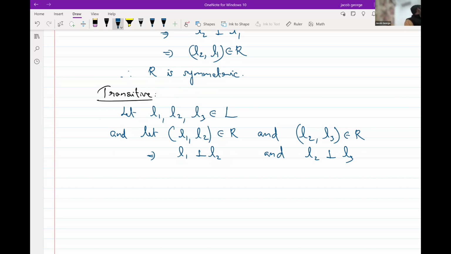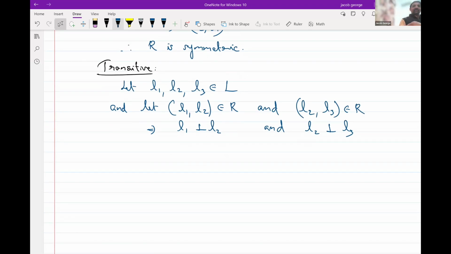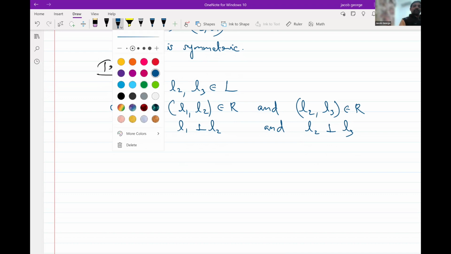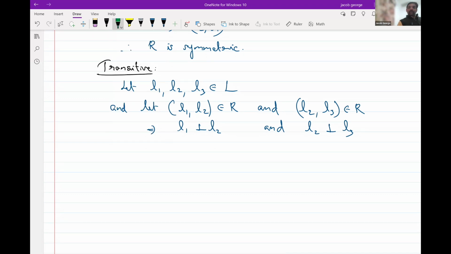By combining these two, can we write L1 is perpendicular to L3? We have to check that one. Here this is L1. L1 is perpendicular to what? L2, this is L2. L1 is perpendicular to L2, okay?